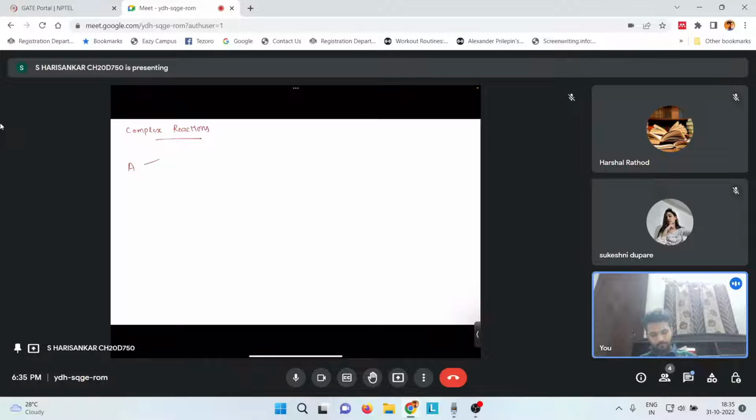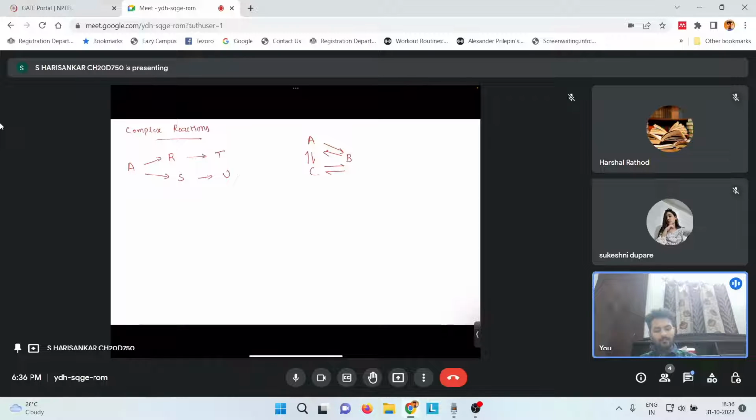Okay. So let's say we have a reaction, A gives R and S, and this R gives T. This gives U. So these kinds of reactions, or we can have something like this: A reversibly gives B, this reversibly gives C. So these kinds of reactions are basically called complex reactions.